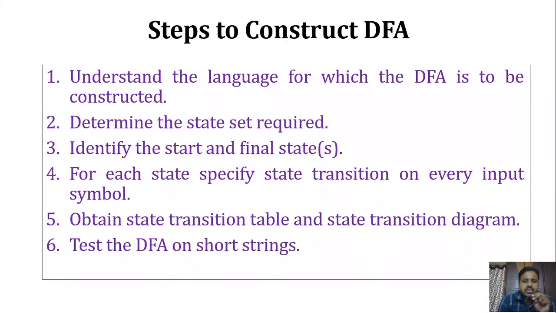Next, we need to determine the total number of states required, and next we need to identify the start and final states, and then we need to specify the state transitions on every input symbol, and then we can get a state transition table and state transition diagram. And the last step is we need to test the DFA on short strings. So for a given DFA problem, we have to apply these steps to construct the DFA.